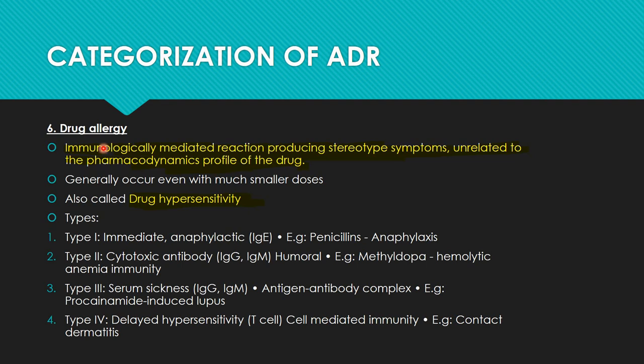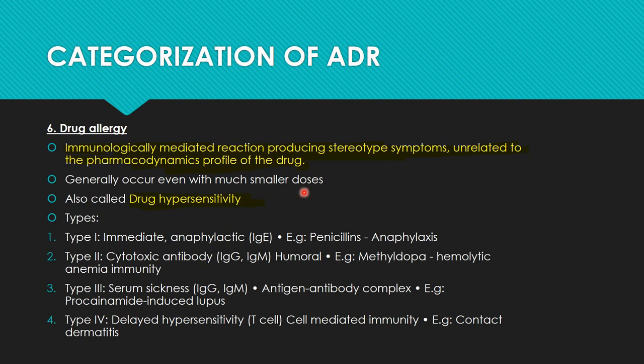Stereotype symptoms means often you will see many people with allergic reactions may have rashes, okay? Rashes, or even itching, or they may have scars on their skin. So those are the reactions of this allergy. Next is what? Generally occurs with smaller doses, means what?